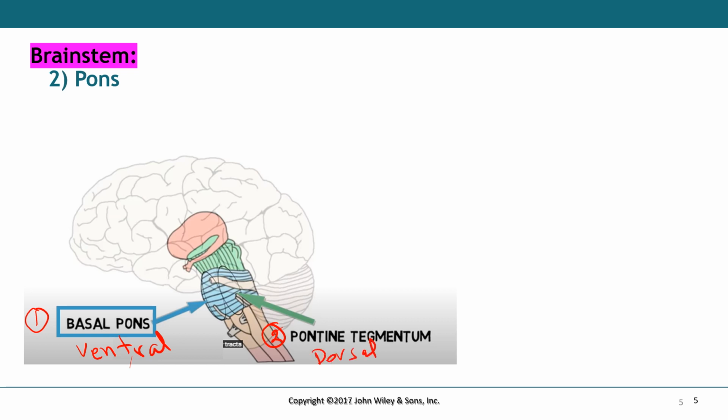While the dorsal region is very similar to other regions of the brainstem, where you have ascending tracts that are sensory and descending tracts that are motor, the basal pons has different structures. For example, this one forms a large synaptic relay station. So let's write it's a relay station.